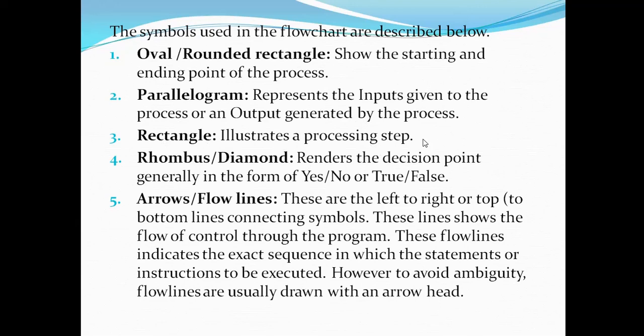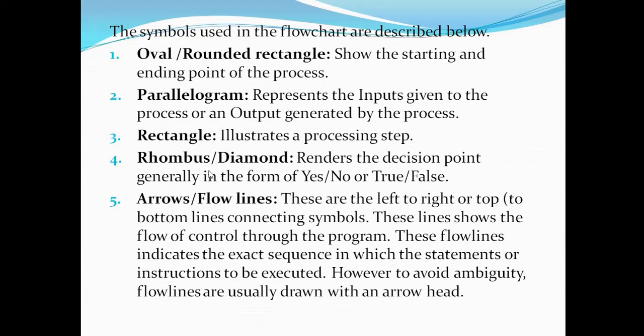And the fourth one is a rhombus, or we call it a diamond symbol. This renders the decision point. Rhombus is used for decision making, like true, false, yes, no.